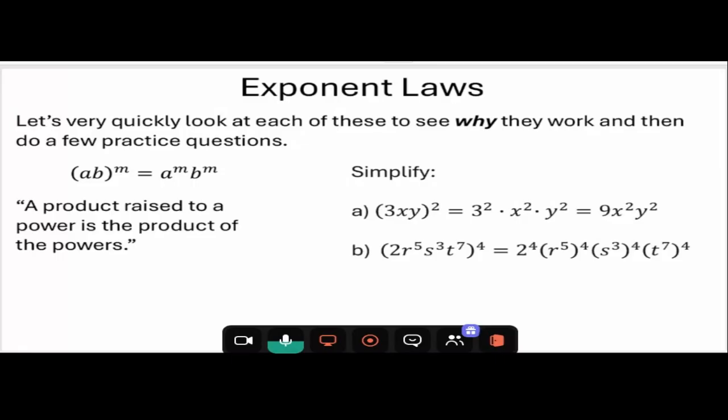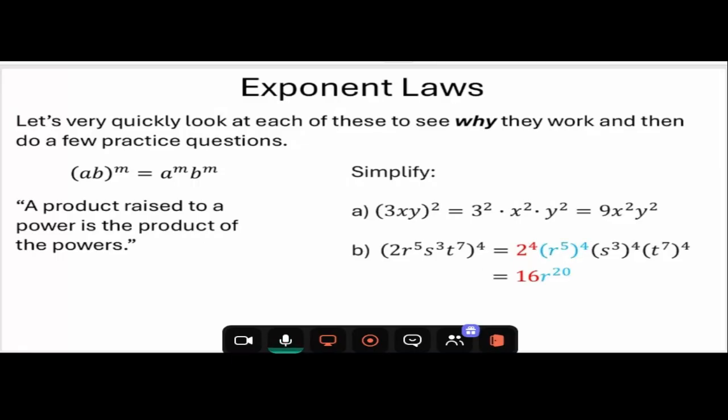Okay, let's work these out one at a time. 2 to the power of 4 means 2 times 2 times 2 times 2. Or use your calculator and your power button. Either way, you should get 16 for that. R to the 5th to the power of 4, when we raise a power to a power, we multiply the exponents.